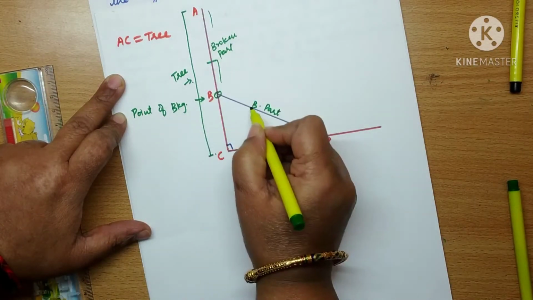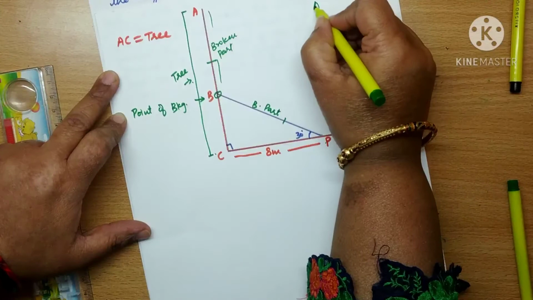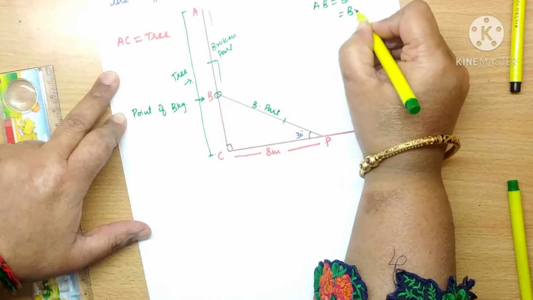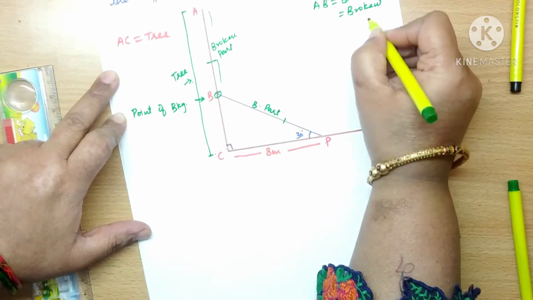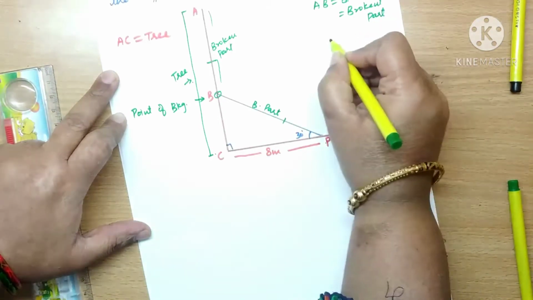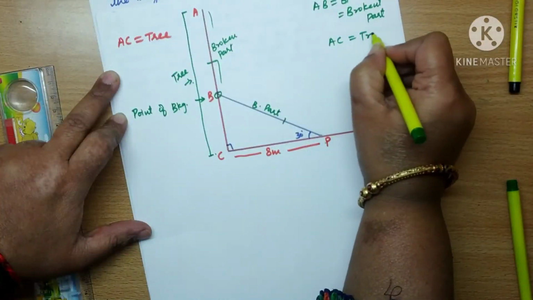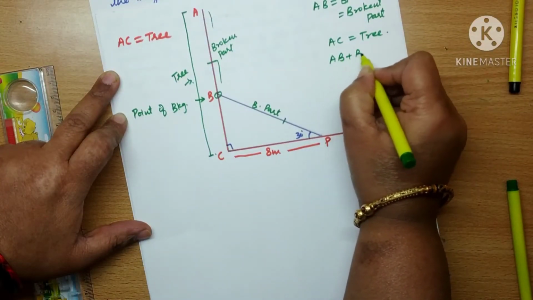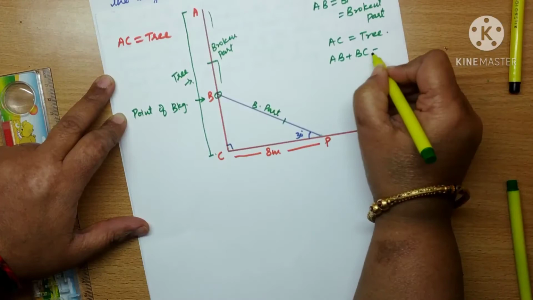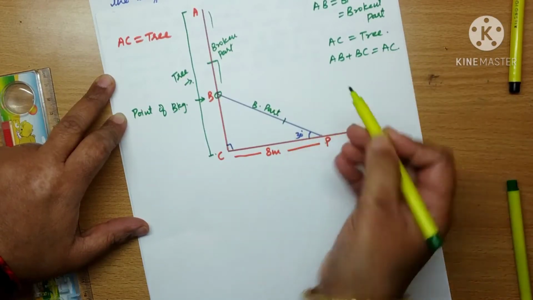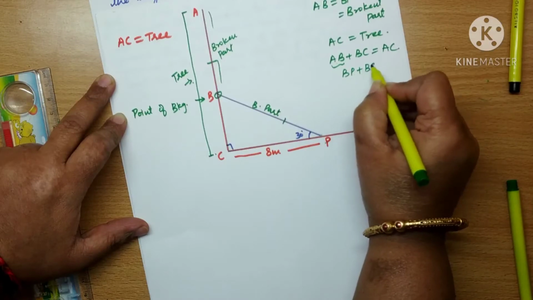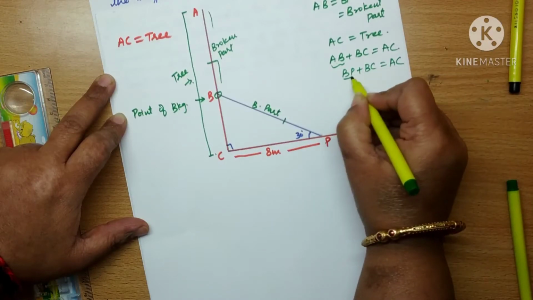So I have AB equal to BP. This is the broken part. AC is my tree and AC is equal to AB plus BC, right? And AB is equal to BP. So can I say the length of the tree is BP plus BC?